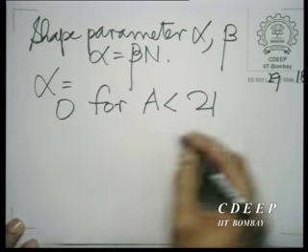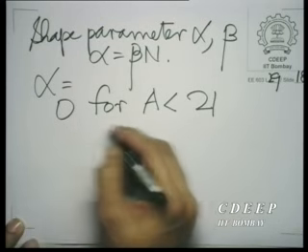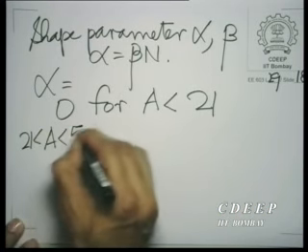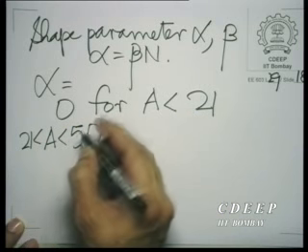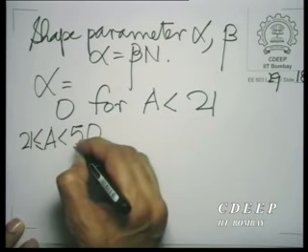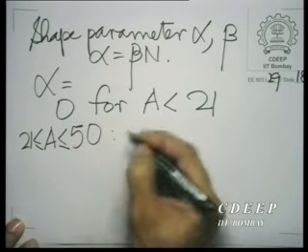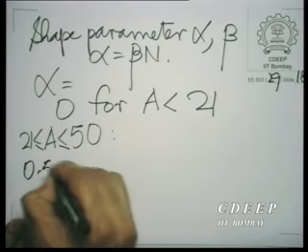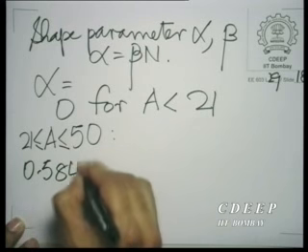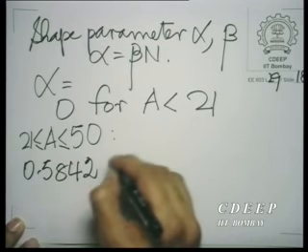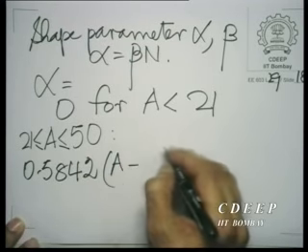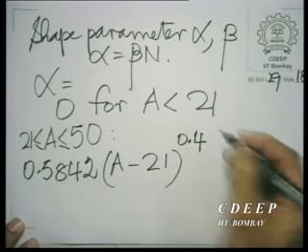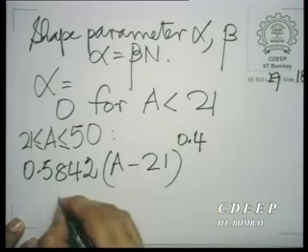Now if A is between 21 and 50, it doesn't matter, you can say less than or equal to, then we choose alpha according to 0.5842 times A minus 21 to the power 0.4, plus 0.07886 times A minus 21. Again, all these are empirical.